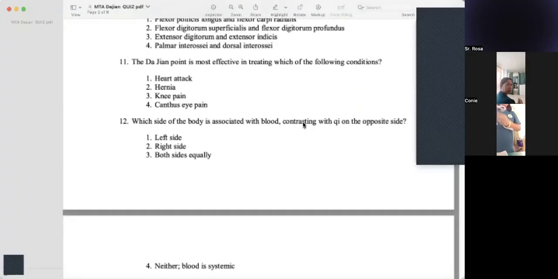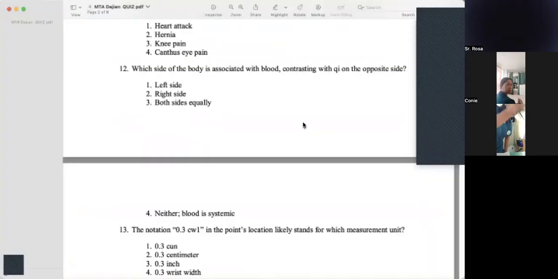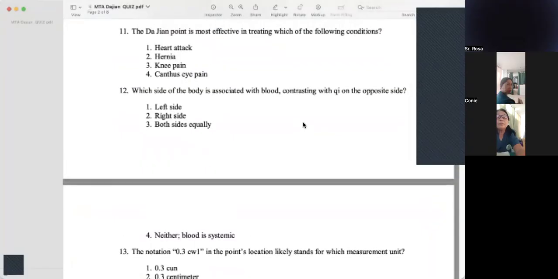The Dajian point is most effective in treating which of the following conditions? Hernia. Yes. What is the reason? The heart is weak, so heat develops.